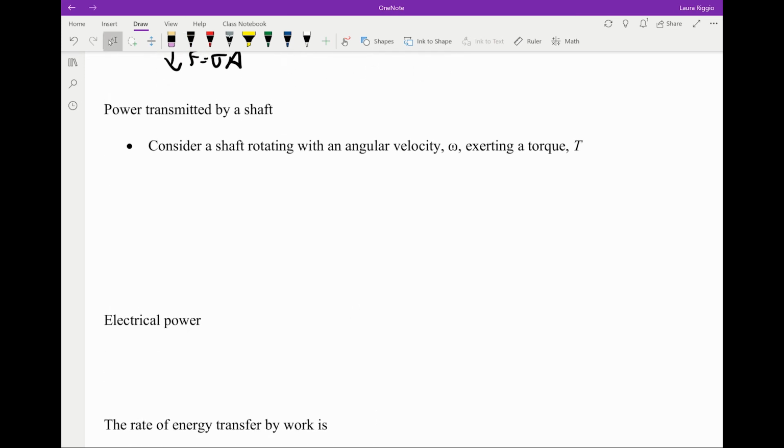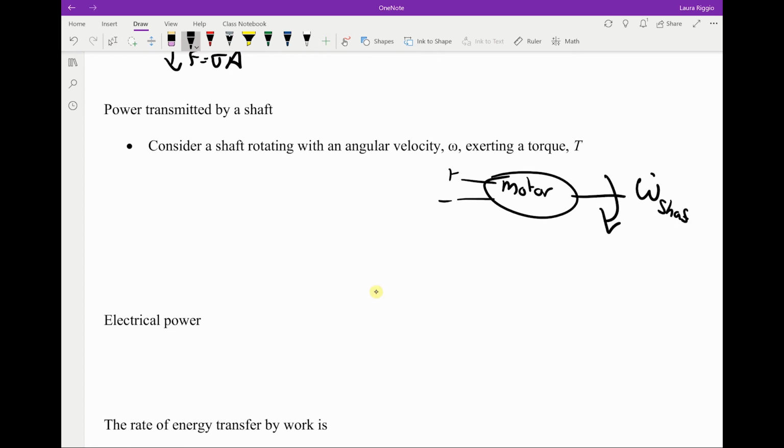We have power transmitted by a shaft. So if we consider a motor that has our current coming in and has a shaft rotating, our shaft work is going to be, our torque is going to be equal to our force, our tangential force times our radius.